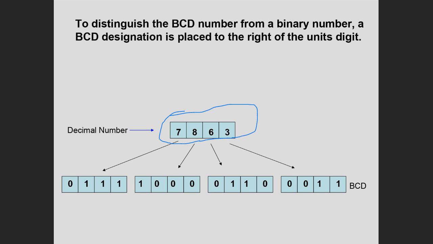The way you do that is each one of these symbols right here I have to represent using 4 bits. So here's the 4 bits that represents the 7, here's the 4 bits that represents the 8, and the 4 bits that represents the 6, and then the 3, and so forth. And what you would do is subscript that. Normally we would subscript base 2, but here we just write the actual letters BCD, so I can distinguish between a regular binary number and the BCD number.